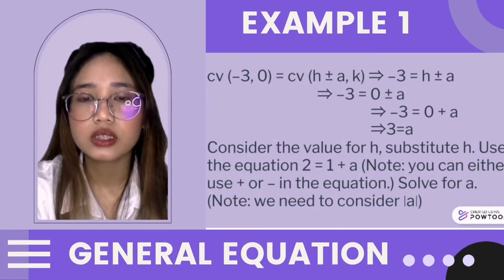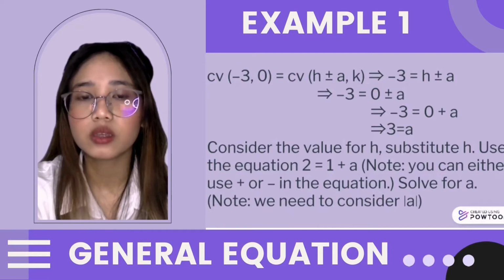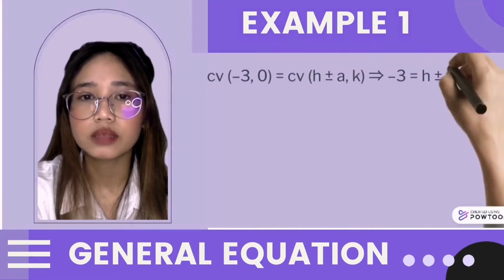The h is 0, so we need to transpose it, and this will go to 0 plus 3 equals 3. So, the answer for a is 3.